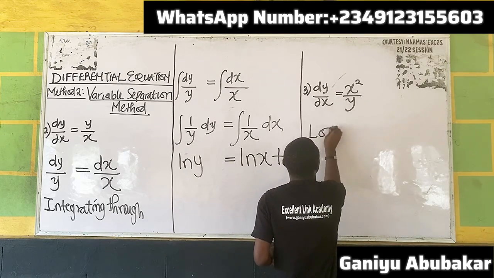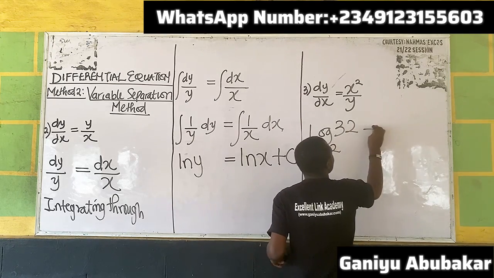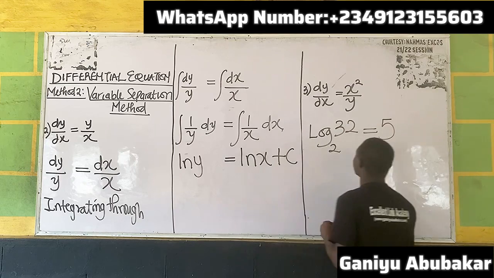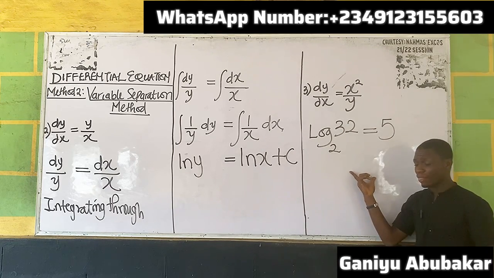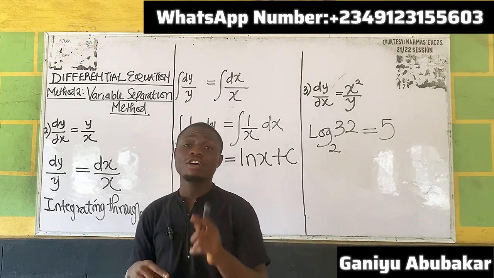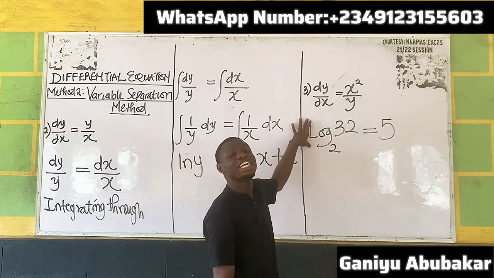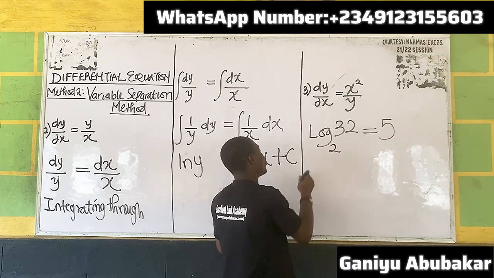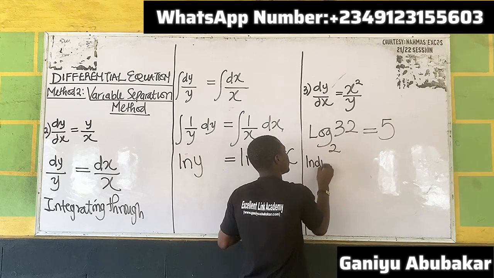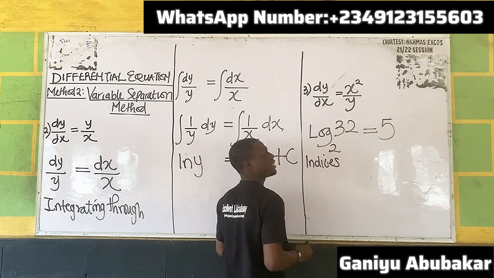If I have log 32 to base 2 equals 5, this is logarithm. One of the relationships between indices and logarithm is this. I want to express this in indices format.